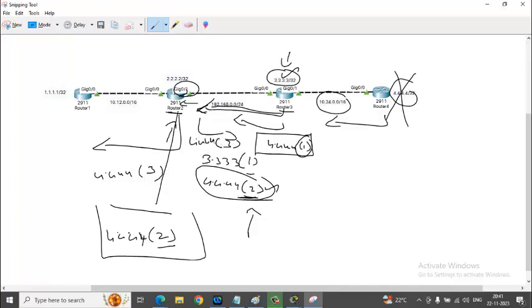When this is removed from the routing table, it goes off immediately, correct? And this guy will be waiting for 180 seconds, isn't it? To remove from the routing table, how long will he wait? There is another 60 seconds, isn't it?